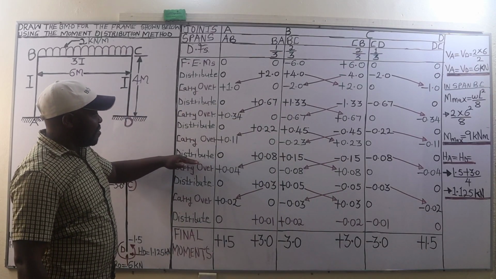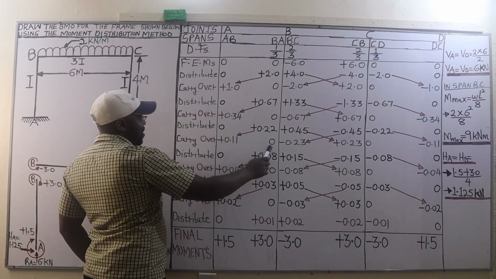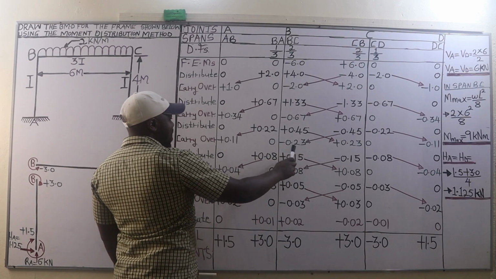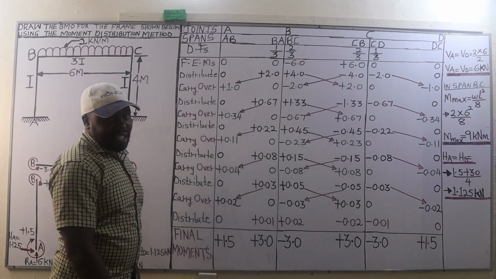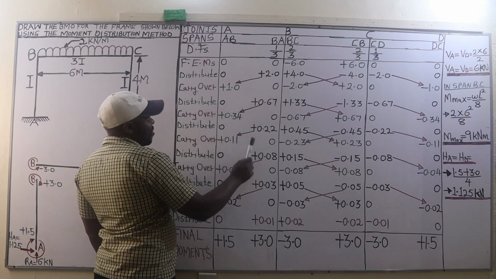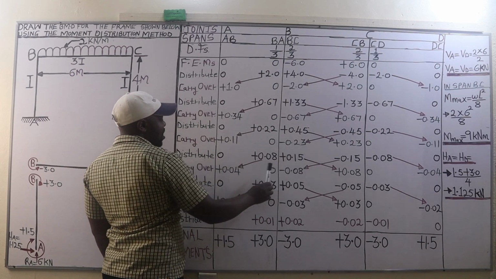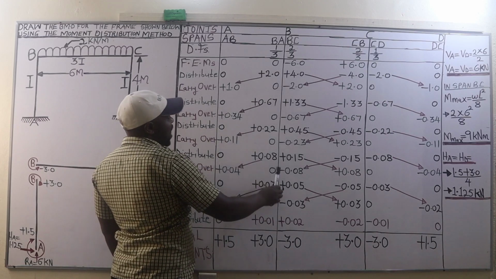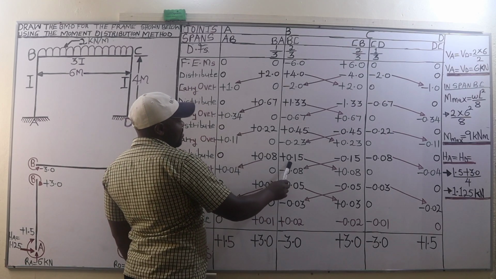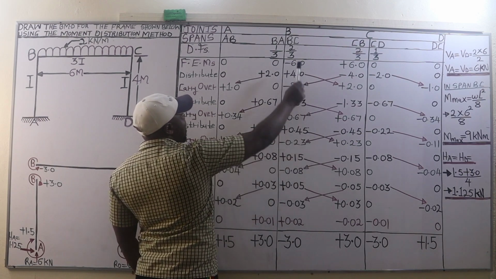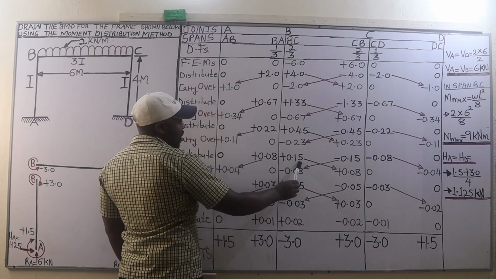Then distribute. We got an excess moment of +0.23. Change the negative sign to positive. So distribute. On member BA, we are going to have a third of +0.23, which is +0.08. On member BC, we are going to have +0.23 times 2/3, that is +0.15.